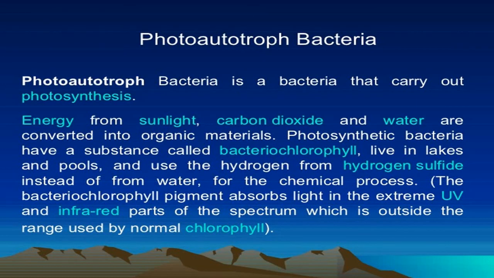These photosynthetic bacteria have a chlorophyll which is called bacteriochlorophyll, which is different from the chlorophyll present in eukaryotic plants. Most of these bacteria live in lakes and pools or in the marine environment. They use hydrogen from hydrogen sulfide instead of from water.